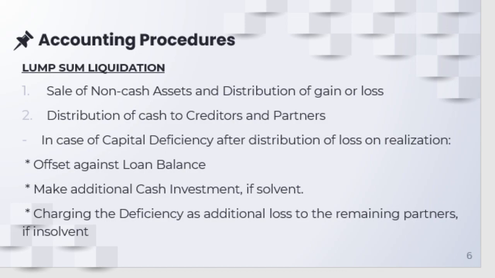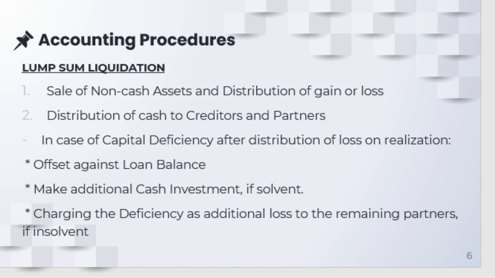If in case na hindi ma-cover ng kanyang loan yung capital deficiency, or if it's not enough to cover the deficiency, next step niya is to make additional cash investment. That's if solvent siya. So, pag sinabing solvent, meron siyang available cash na pwede niyang ipang-cover doon sa kanyang capital deficiency.